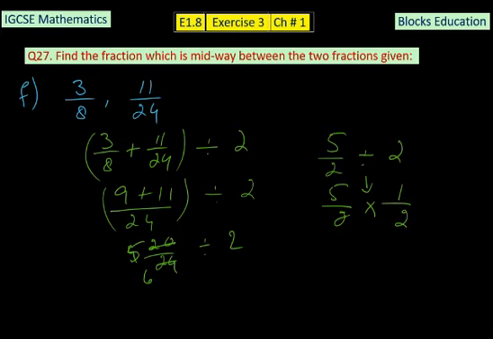Now nothing can be cancelled, just multiply it straight. So 5 into 1 is 5, and 6 2s are 12. So the midway fraction is 5 over 12. In the next part we'll be solving question number 28 onwards, so see you there.